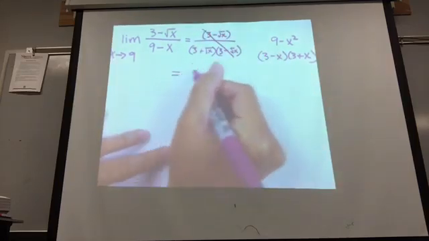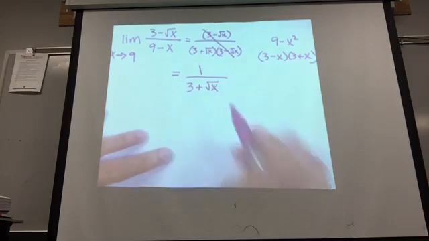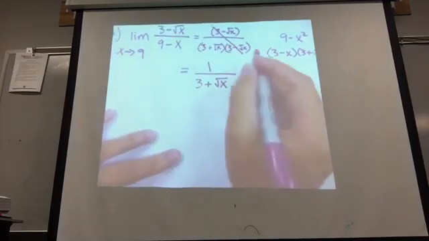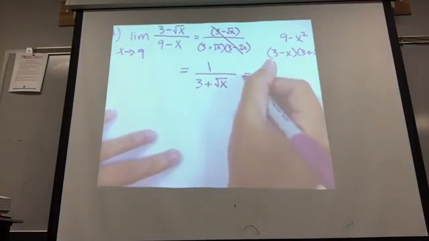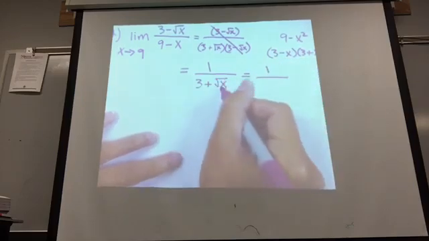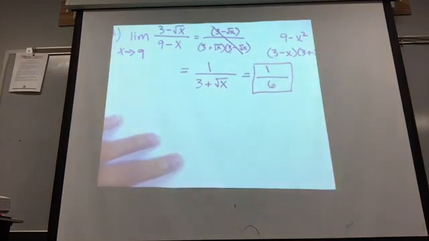So I can rewrite this as 1 over 3 plus the square root of x. And now through direct substitution, I have 1 over 3 plus the square root of 9 gives me 3 plus 3, which is 6. So there's my answer.